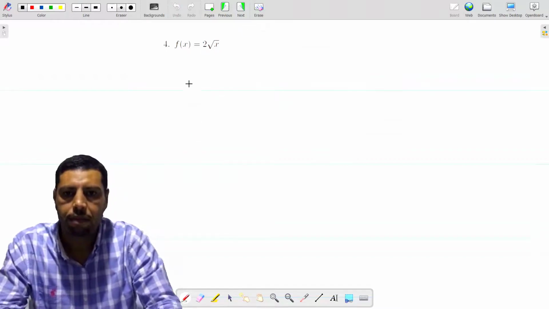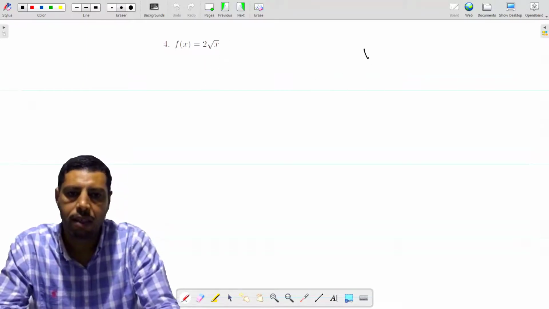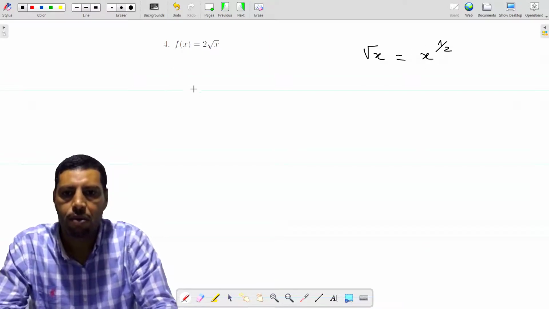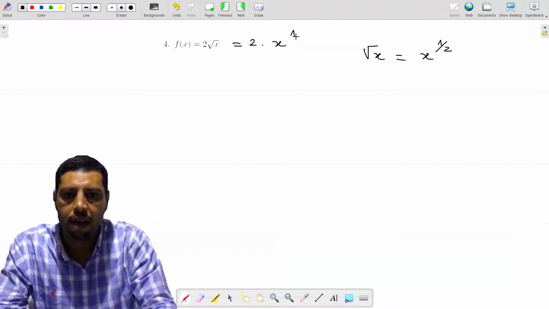Next one. f of x equals 2 square root of x. Here again, we don't see a power, but remember that square root of x is equal to x to the power of half. And this is a power of x. So we write our f of x as 2 times x to the power of half, and apply our power rule for the derivative.